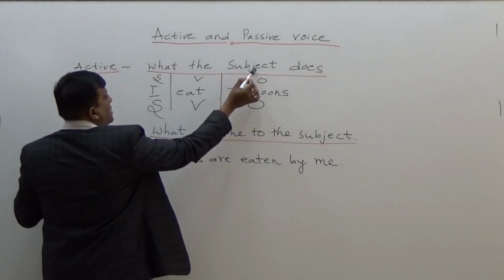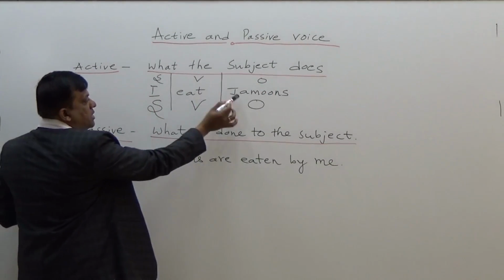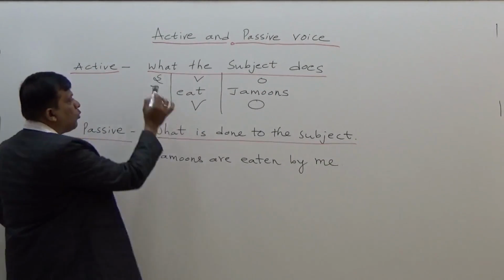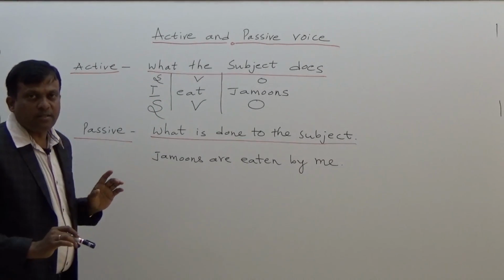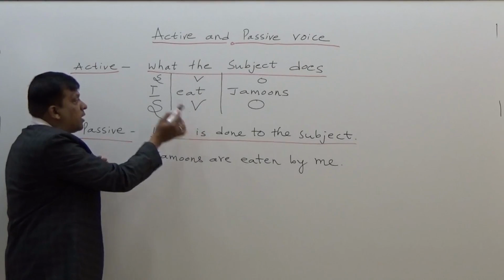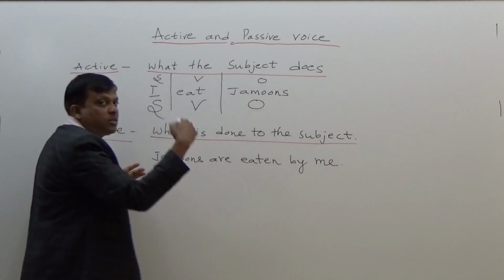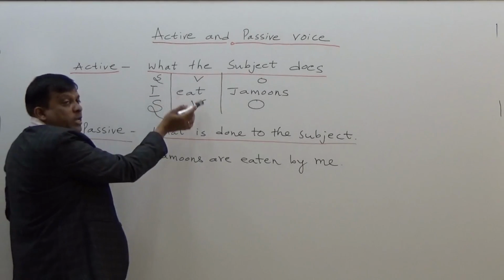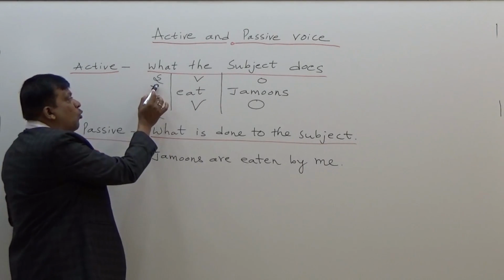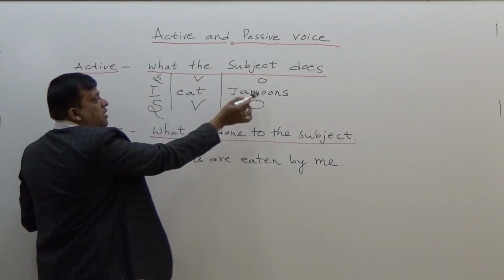What the subject does. In this sentence, I eat jamuns. What is there in the place of subject? Yes, I. What do I do here? I am doing something. I eat. So this becomes secondary. What I do here is important. So what the subject does. I eat jamuns.